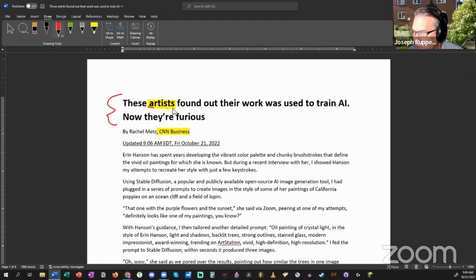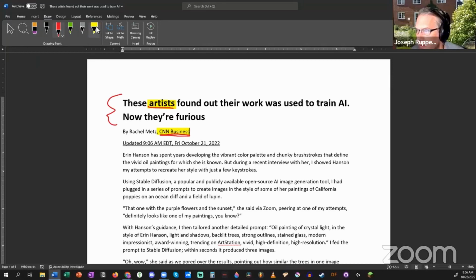Okay, so just by looking at this title and scanning through, we see pictures of art, and we see the word art and artist come up again and again. So we can be pretty confident at this point that this is related to art, but also, because we know that it's CNN Business, that it's probably related somehow to business, maybe selling.